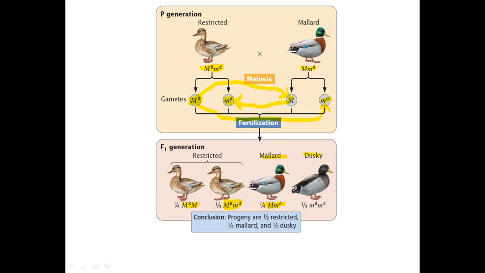And the dusky, a darkish colored feather duck, will be pure homozygous recessive, because this small m D and this other small m D will fuse together, fertilization will occur, and a pure homozygous recessive dusky duck will be the result, MD and MD.